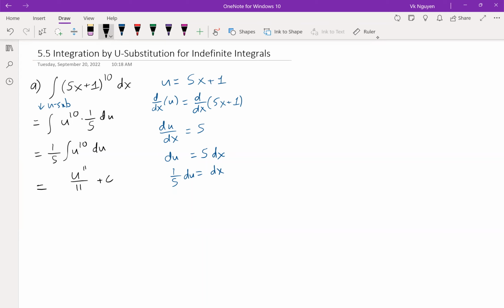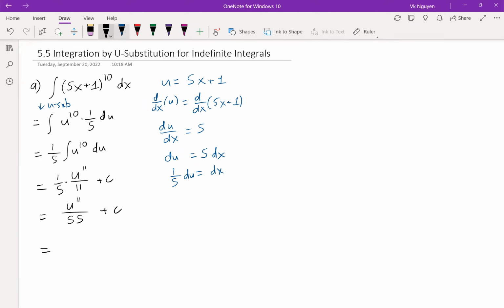And we still have the 1/5 on the outside. It is not necessary to multiply 1/5 to c because a constant times a constant is just another constant. u to the 11 over 55 plus c.